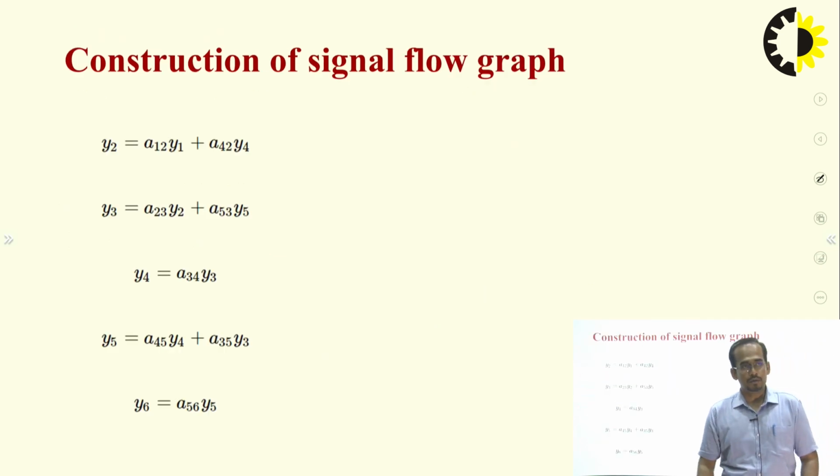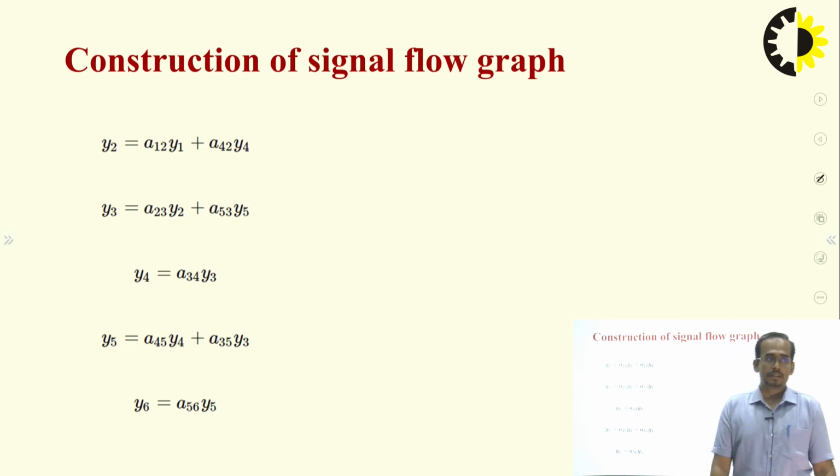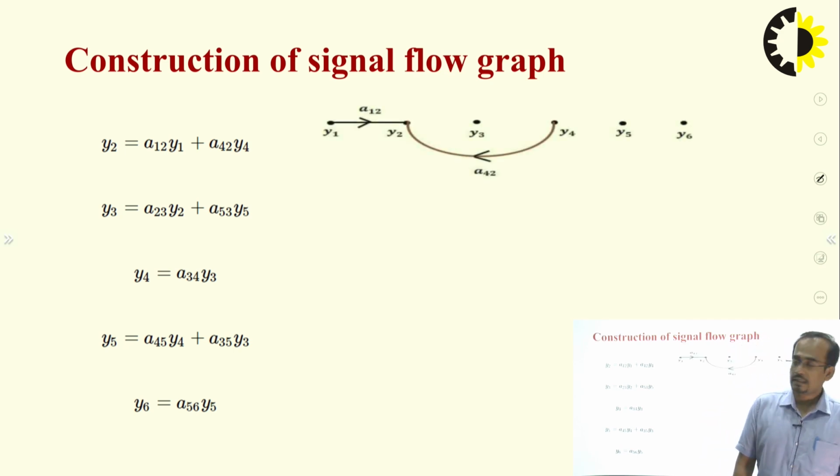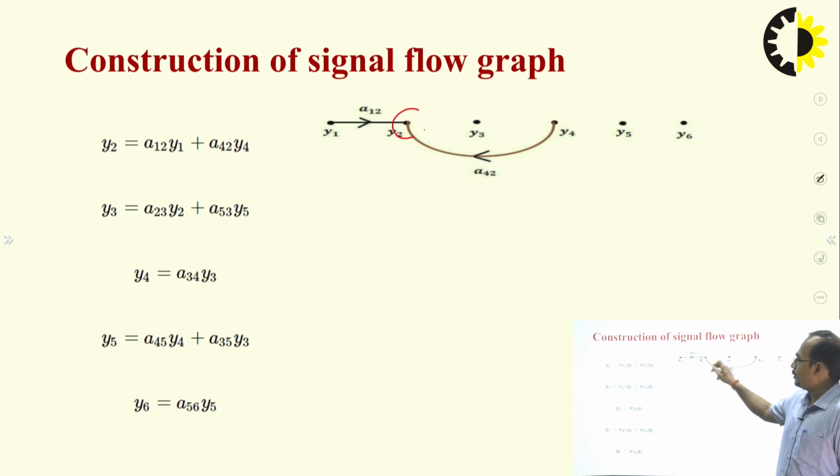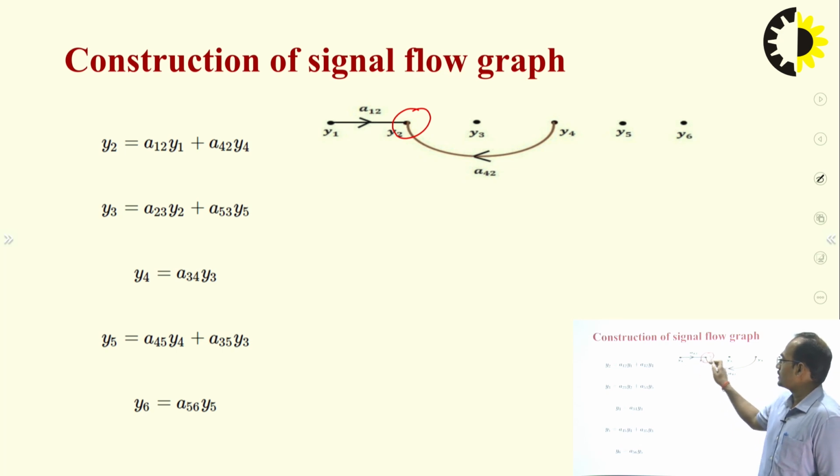Now, how will you construct a signal flow graph? This is the output equation. You can see in this graph there are 6 nodes, y1, y2, y3, y4, y5 and y6. We want to write the equation for node 2, that is y2. I want to write the expression for this node 2, with incoming and outgoing branches.